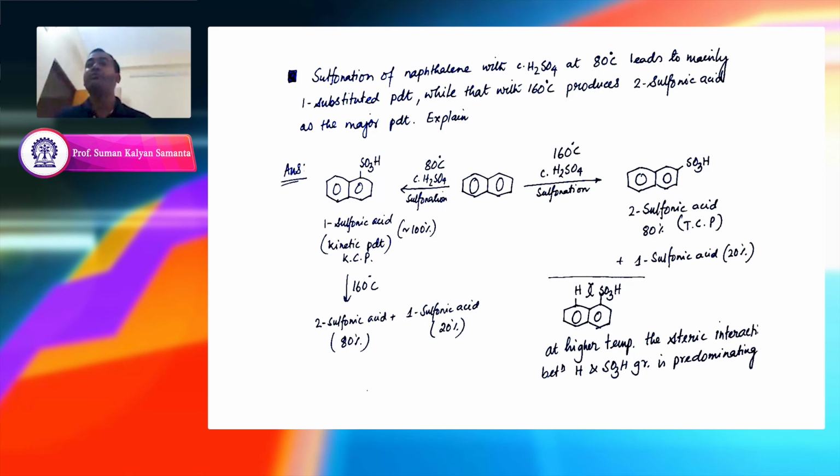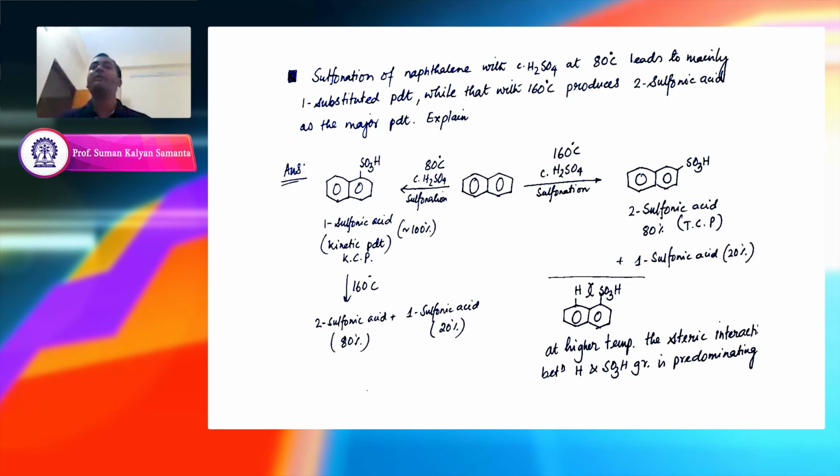How do we know the pathway? How is this kinetic to thermodynamic conversion happening? First you take this 1 sulfonic acid and heat it at 160 degrees in the presence of labeled sulfuric acid, that is S35 H2SO4.